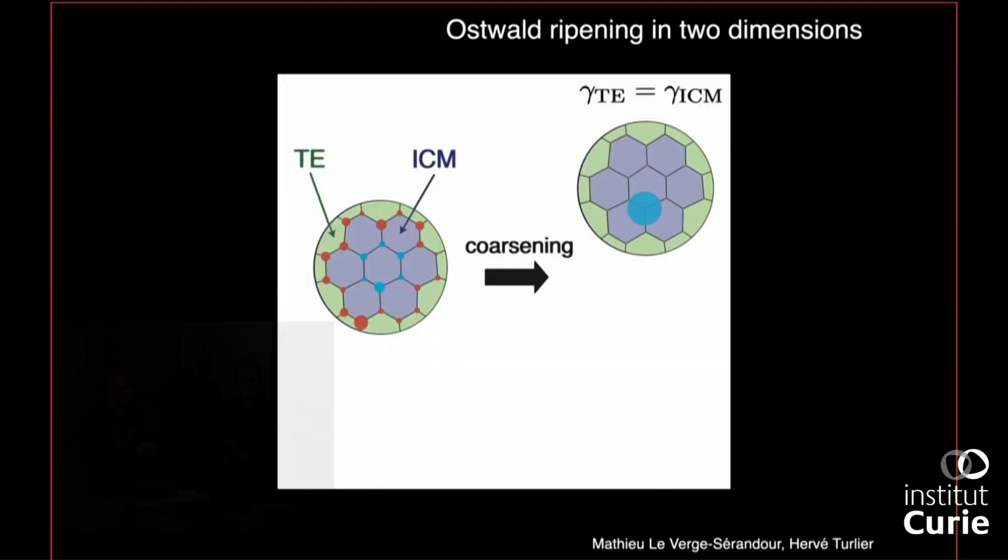So if you now build an artificial network where you have microlumens trapped between ICM cells and those which are trapped between ICM and trophectoderm cells, and you let that coarsen, the ones which are better connected on the inside, if the tensions are equal, are going to win, and the lumen will form within the ICM, which never happens in the embryo.